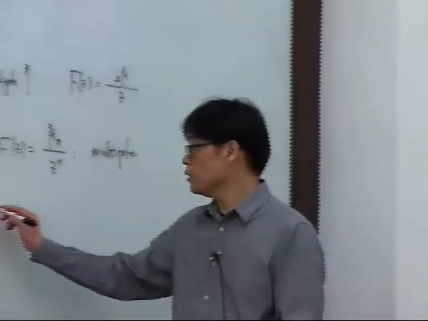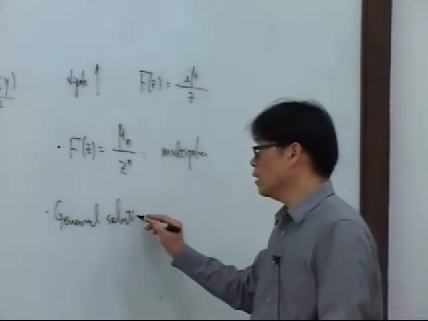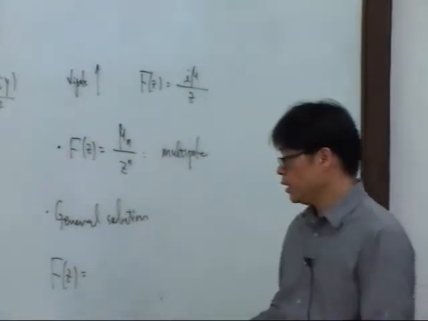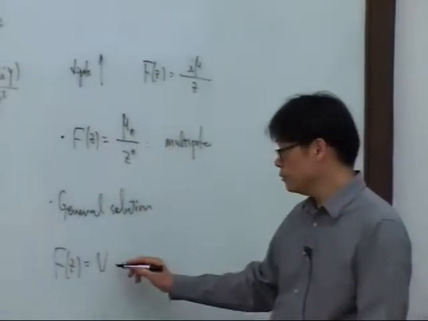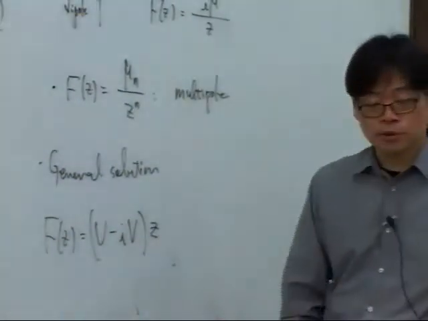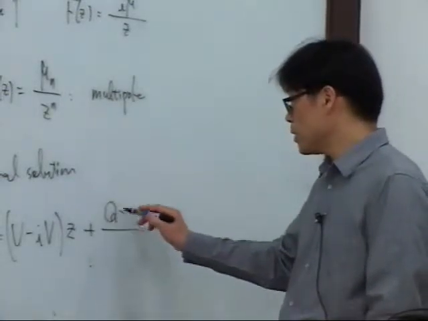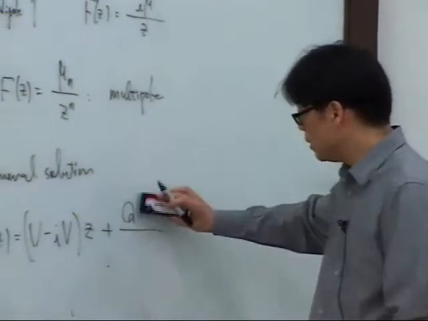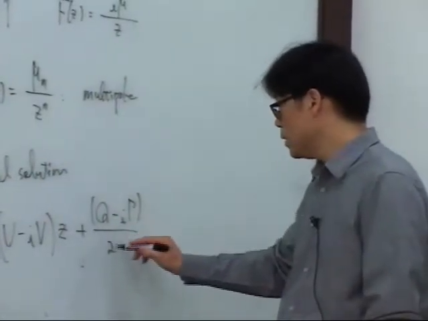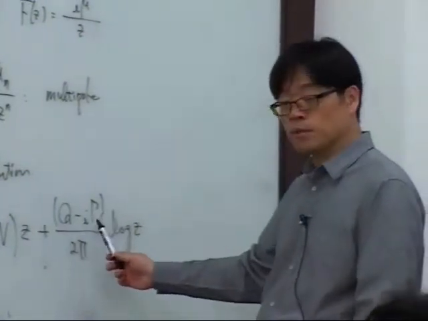So the most general solution is f of z equals u minus i v times z, which represents the uniform stream in any direction, and then you have q plus or minus i gamma, it doesn't quite matter, over 2 pi log z, so this represents source and vortex.